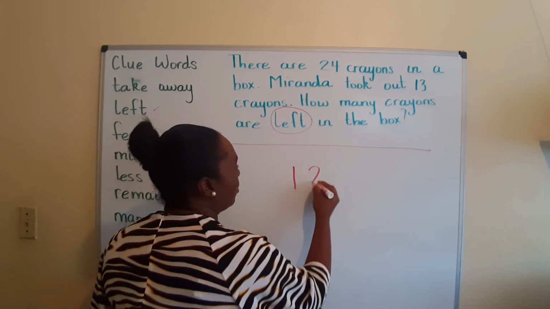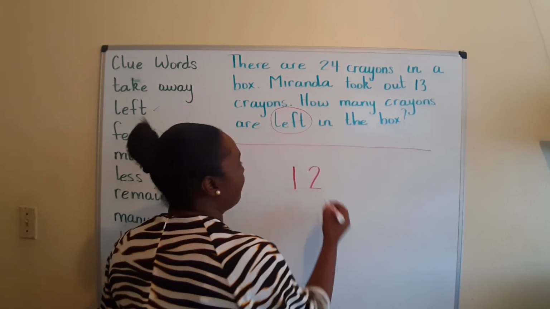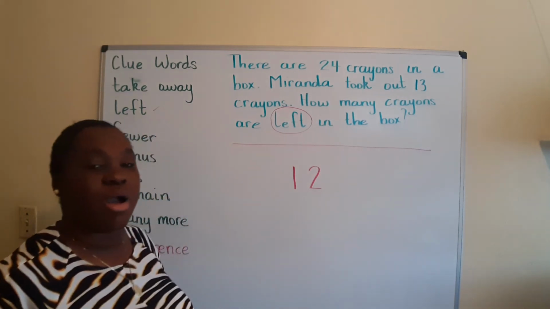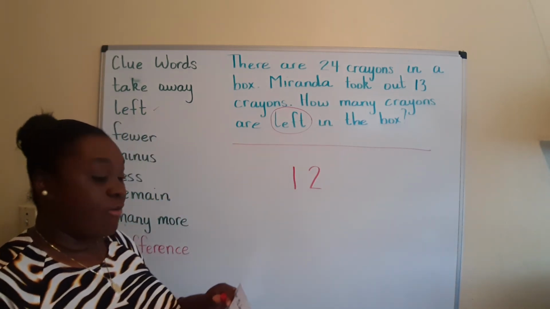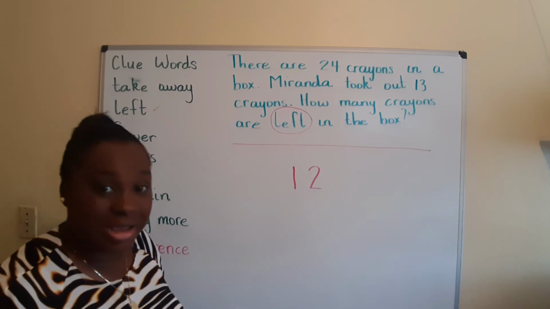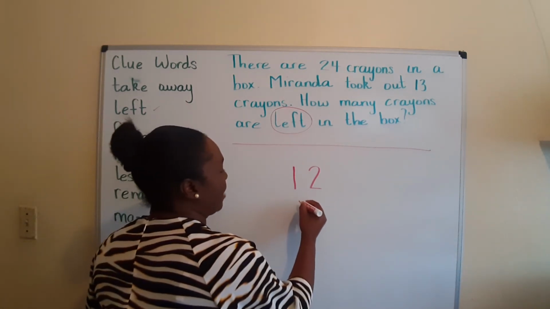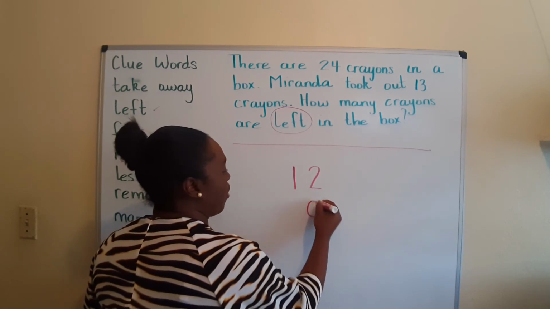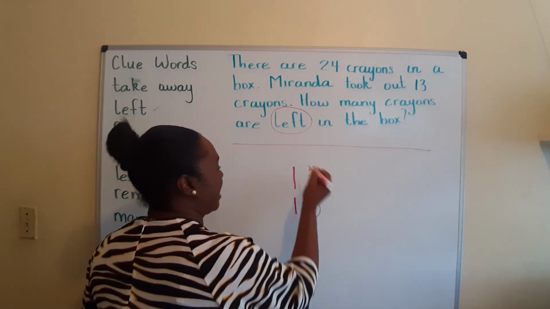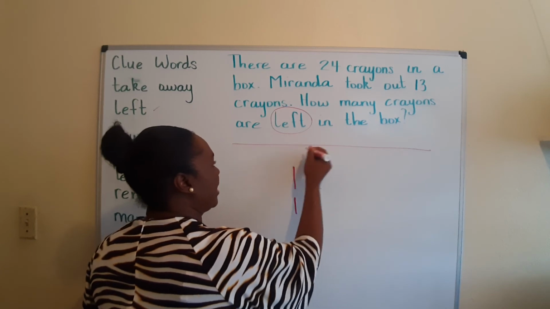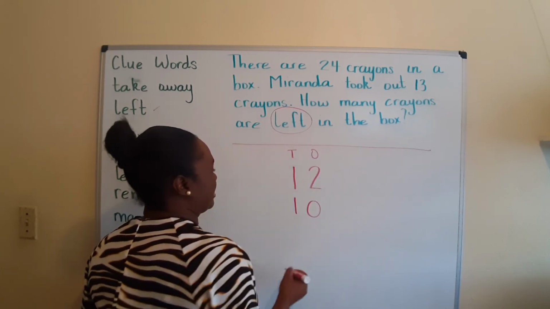So we know that her mom made 12 cupcakes. Her family ate 10 cupcakes. So that would be 0 ones and 1 ten. We have our ones place and we have our tens place.